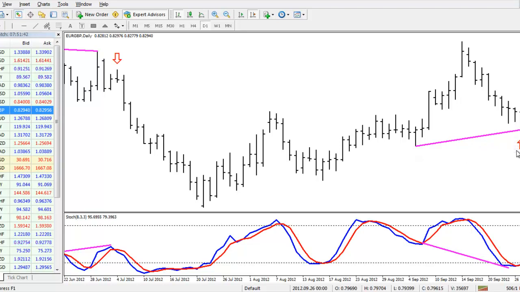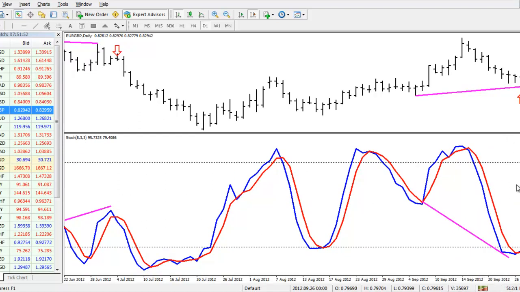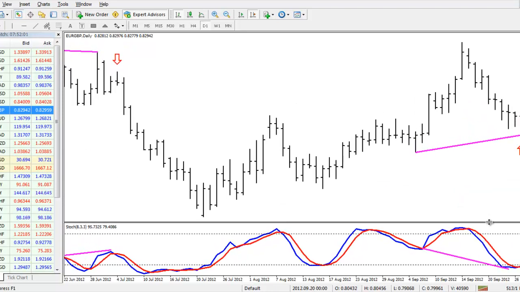Bearing in mind at this point in time, we don't know that this is going to be the higher low. However, we have a lower low in the stochastic. If we zoom in slightly, you can see the blue percent K has flipped to the upside. Therefore, we assume this is the swing low, and we look to buy on this particular bar.